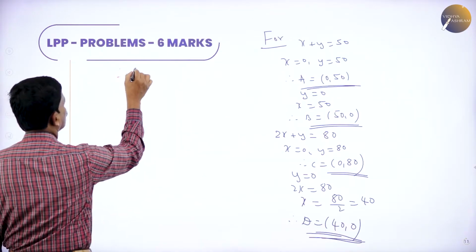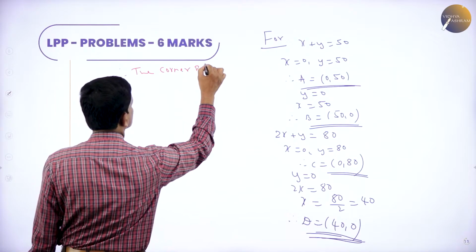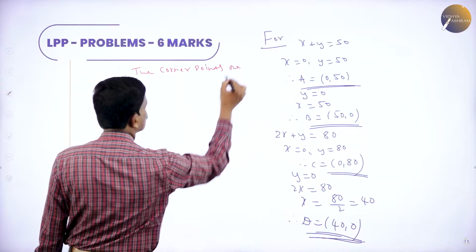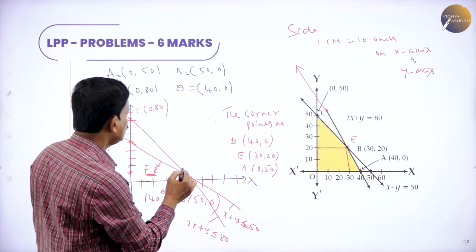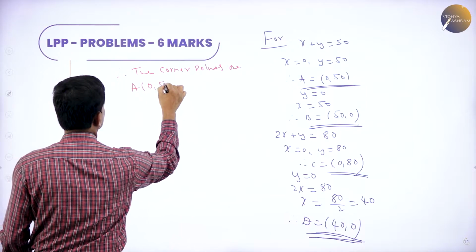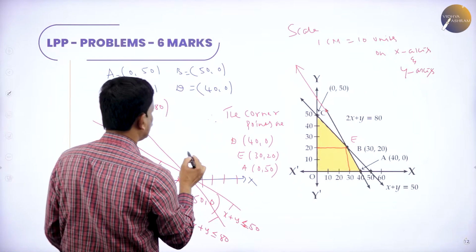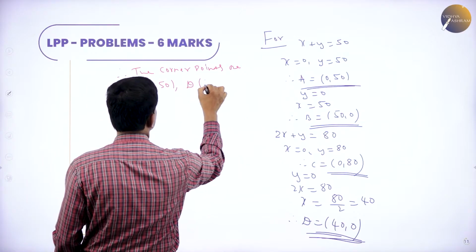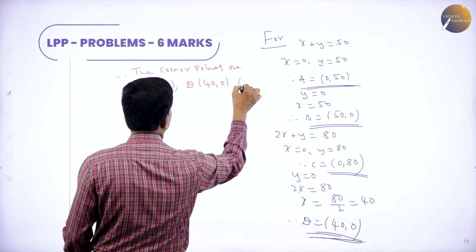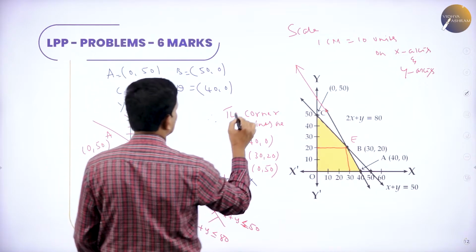So therefore the corner points are A (0, 50), D (40, 0), and E. What is E? E is equal to (30, 20).